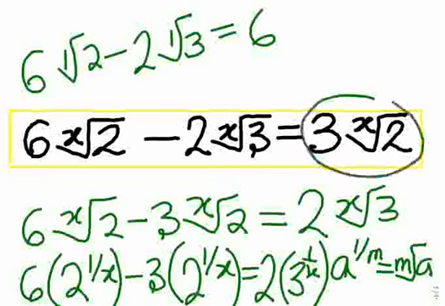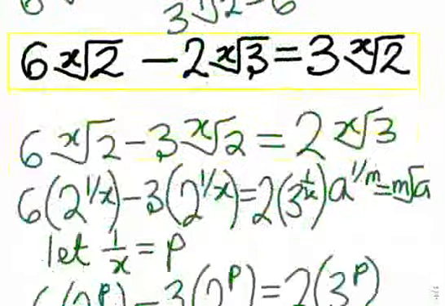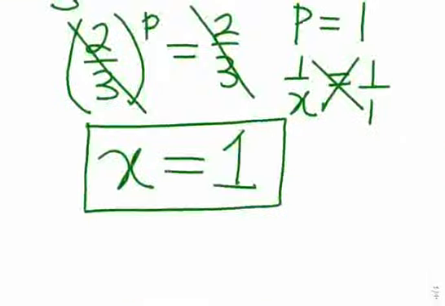Then for the right hand side, if you also slot it into the calculator, 3 multiplied by the first root of 2, it will give you 6. So the 6 on the right hand side is the same as the 6 on the left hand side. Hence, x equals 1 is the solution to this question.